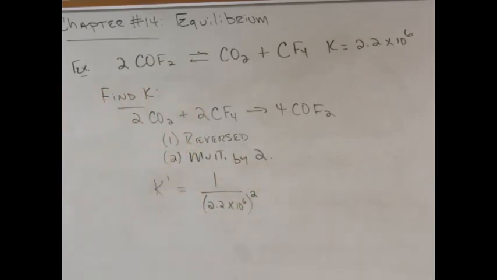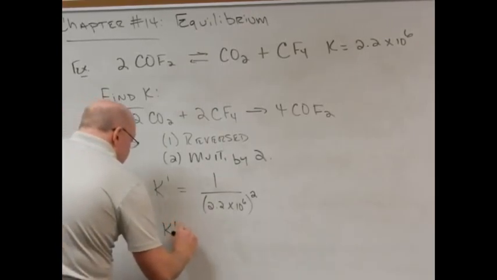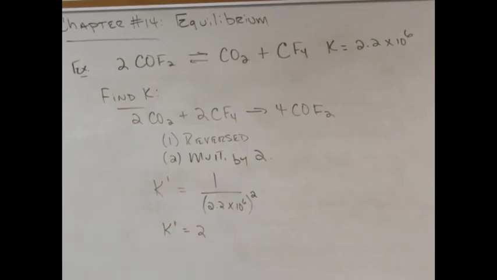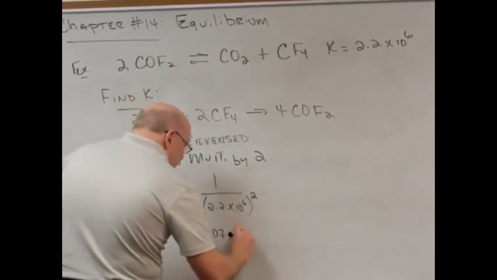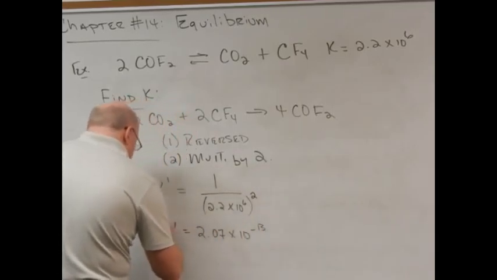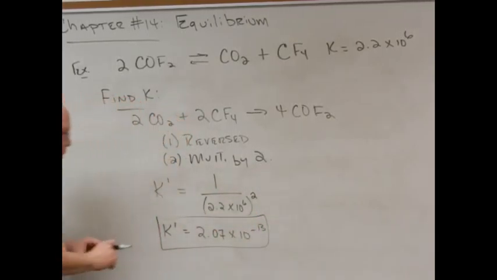That applies both of the rules that we laid out. Putting that number in, we get a number that looks like that: 2.07 times 10 to the minus 13.